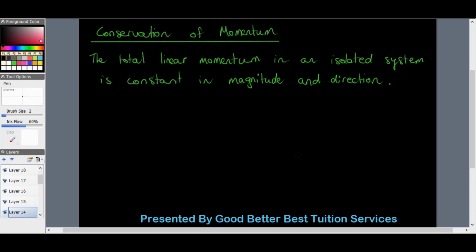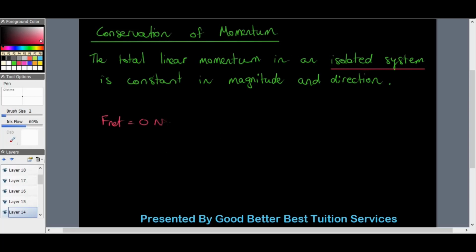Okay? Now, let's discuss what's an isolated system. All right? An isolated system, let me just underline it here. An isolated system, that is where, or a system on which F net equals 0. All right? F net equals 0 newtons.